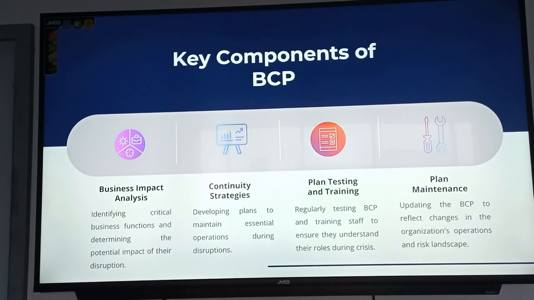Then plan testing and training regularly, training the employees and staff on their roles during a crisis. And plan maintenance, meaning updating the BCP plan from time to time to reflect changes, and what should be more beneficial for our company should be identified keeping in mind the risk landscape.